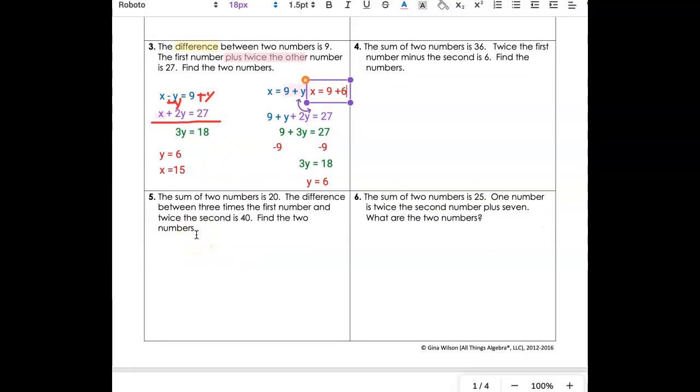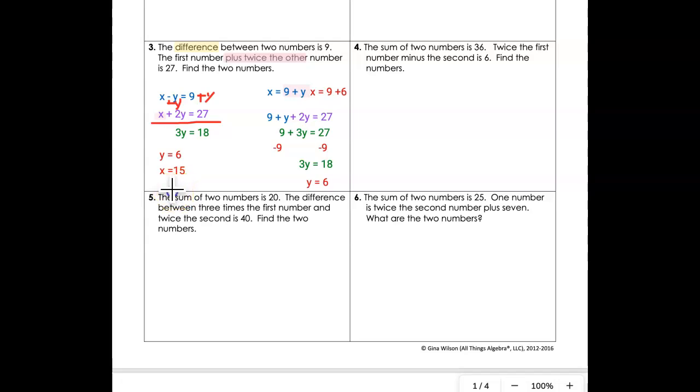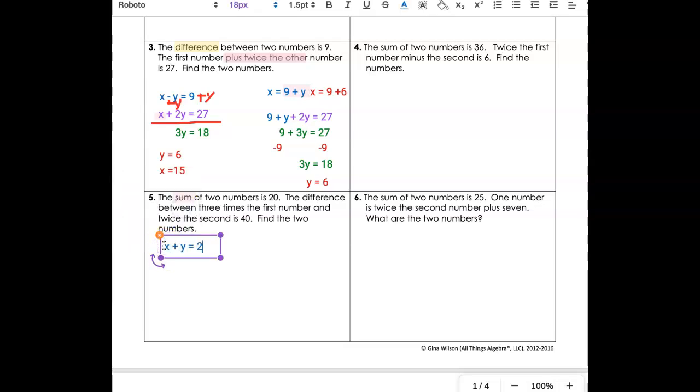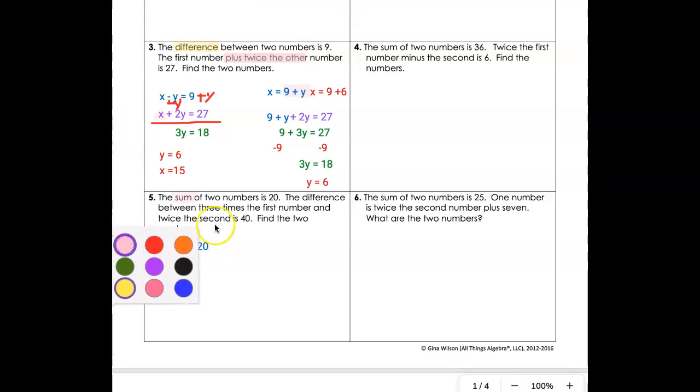All right, and then same idea here with number 5. The sum of two numbers is 20. So again, we're just going to take x plus y equals 20. And then for our next one, the difference, so now I'm subtracting between 3 times the first number.